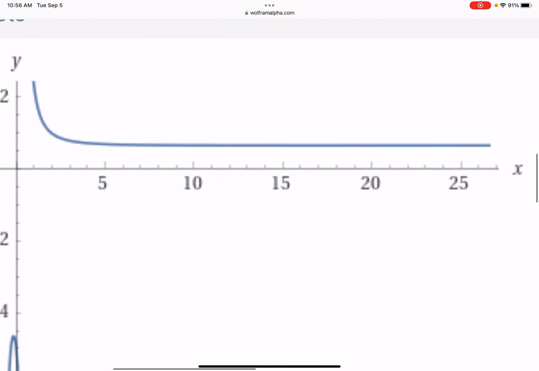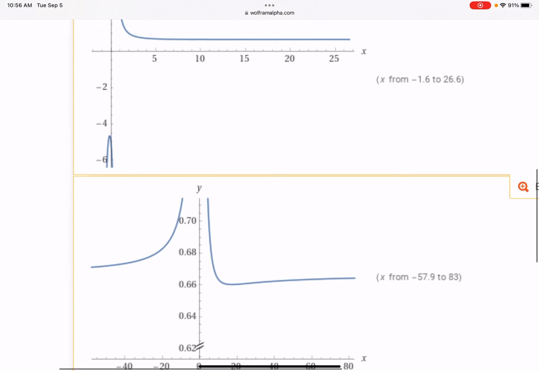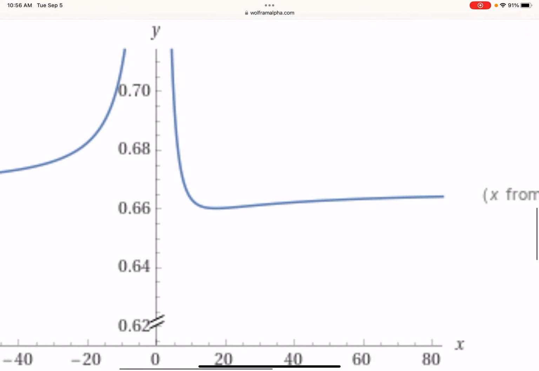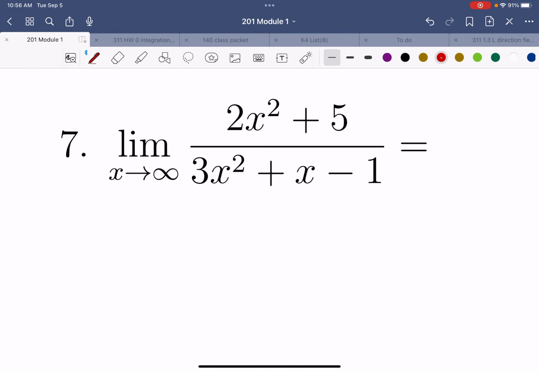Oh, look what happens here. You can even see it better on this one, right? So as I go to the right, this appears to be evening out at a particular number, something like 0.67, 0.66, something in that ballpark, right? So this appears to be something like 0.66.